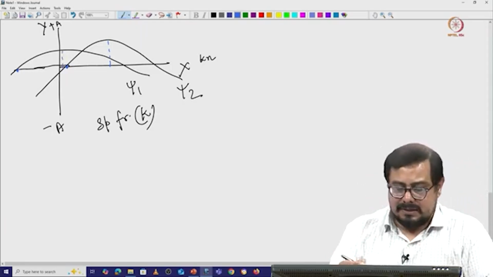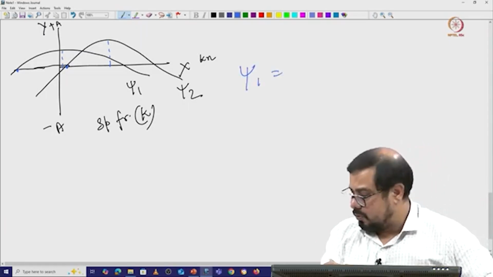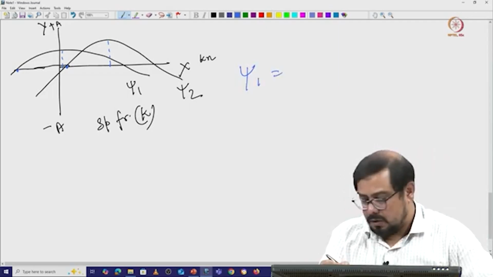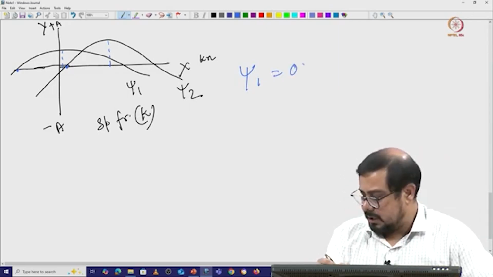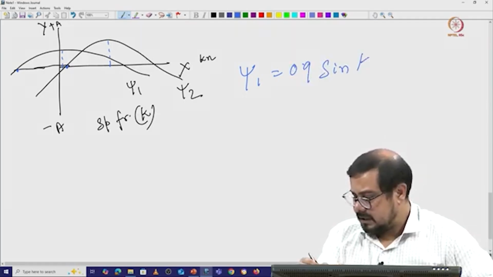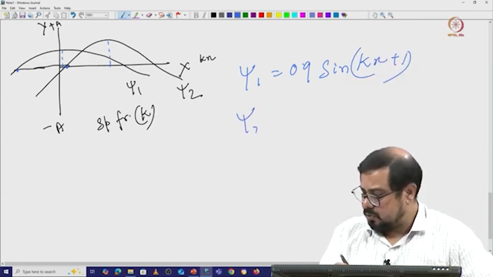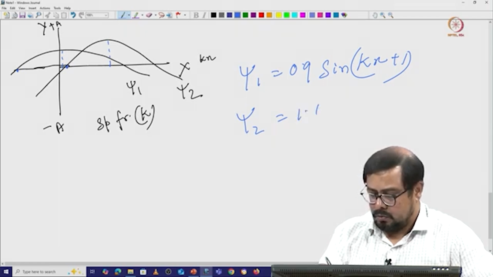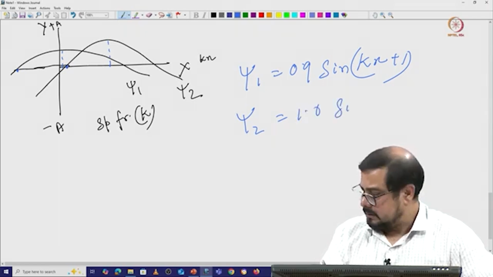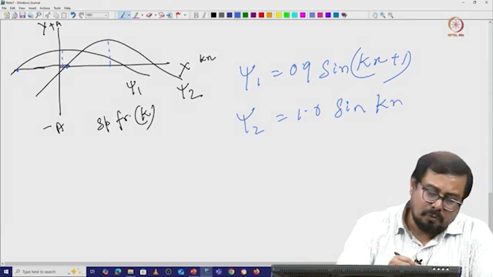Now let us consider values. Wave 1 will be 0.9 sin(kx + 1), and wave 2 we consider as 1 sin(kx). Why kx?